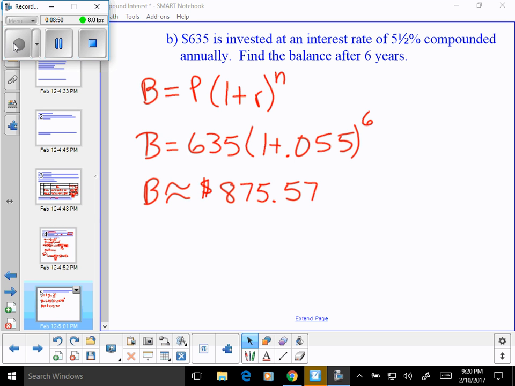And again, I would put in 1.055 power key 6 times 635 equals, and then you'll have to round off. And remember, since you're working with money, you're going to round this off to the nearest cent or the nearest hundredth. And that concludes part 2 of chapter 6-8.